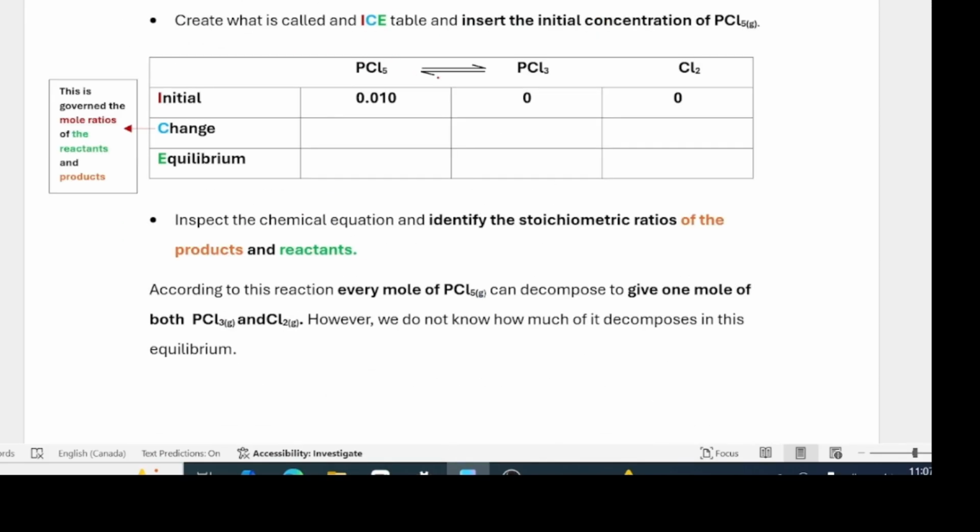So that's the general equation here that shows how phosphorus pentachloride decomposes to give you phosphorus trichloride and chlorine. Its initial concentration was found to be that. But initially, we didn't have any phosphorus trichloride nor any chlorine gas. If you look at this row here where change is mentioned, what happens is that as the reaction goes on, the concentrations of the species change.